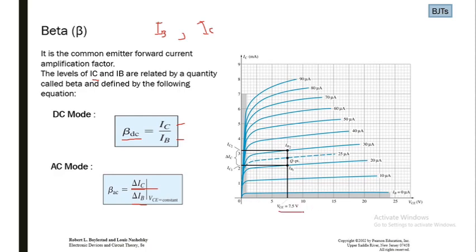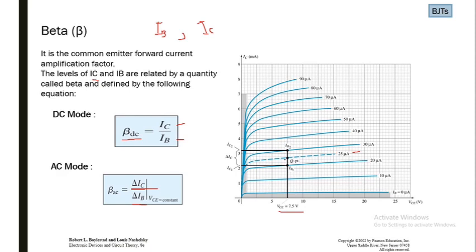If we fix VCE at 7.5 volt, and IB is equal to 25 microampere, applying an AC signal will shift this Q point upward and downward.